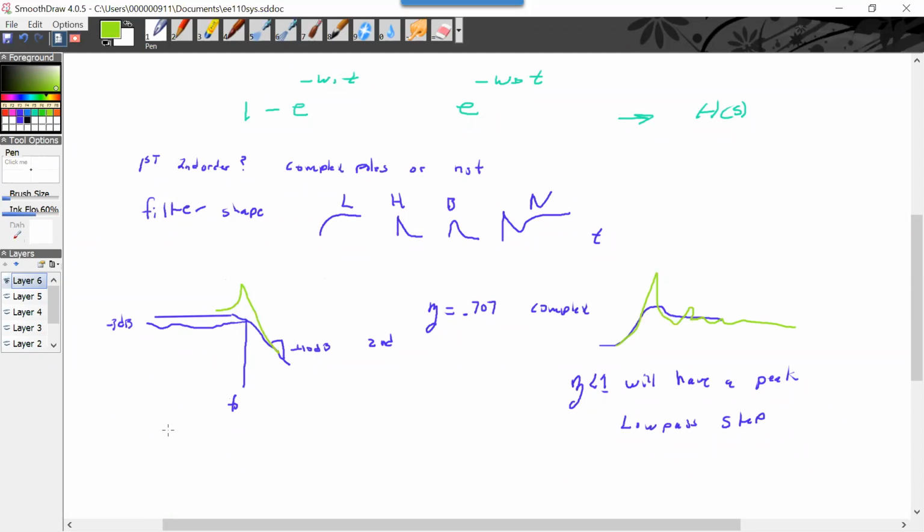In fact, for critically damped, if that F naught occurs at minus 6 dB, and again that's minus 40 dB per decade, that's critically damped, okay?